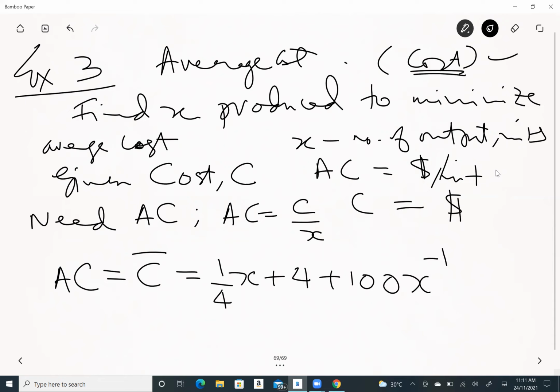You bring up the x. So again, the method is the same. First thing you do, you get the critical point. So you find AC prime. Now AC prime is equal to what? 1 over 4, right?